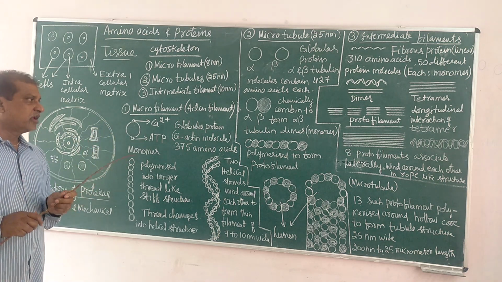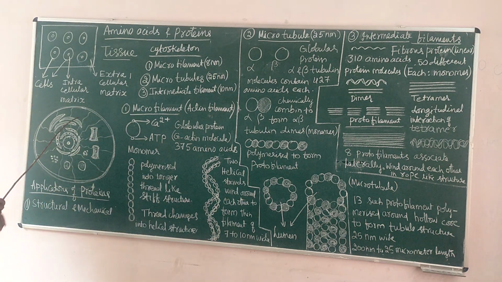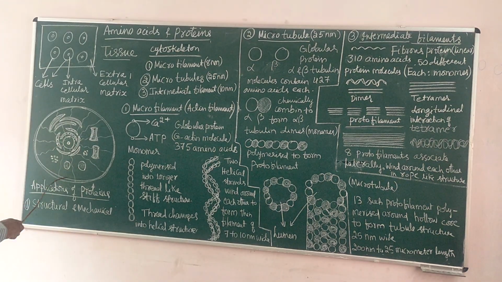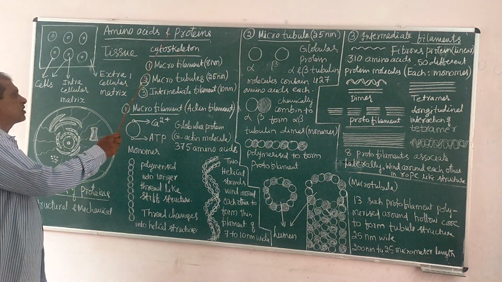In the same way, this mesh-like structure gives support for the biological activity of all these organelles. It is a platform, a scaffold for the action of all the organelles. It is called the skeleton, the cytoskeleton.